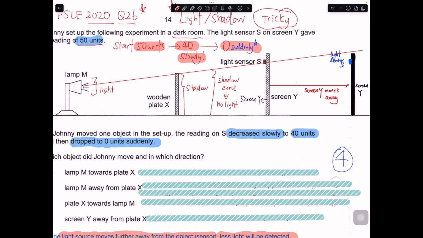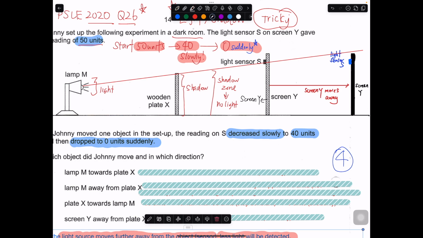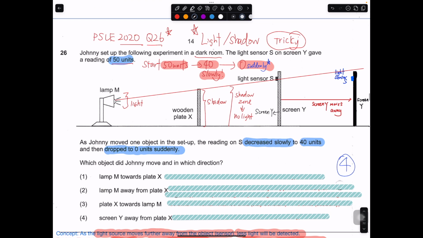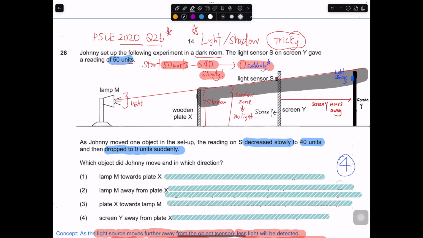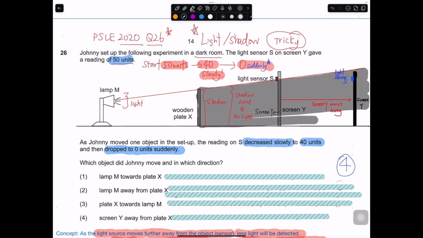So how will it look is that this whole thing will look a little bit like this. You can see that I'm coloring the whole part gray to show you that this part is the whole shadow zone.